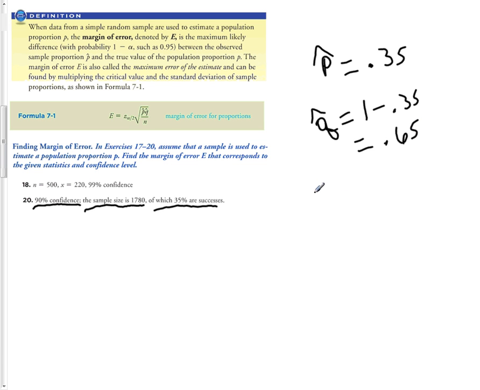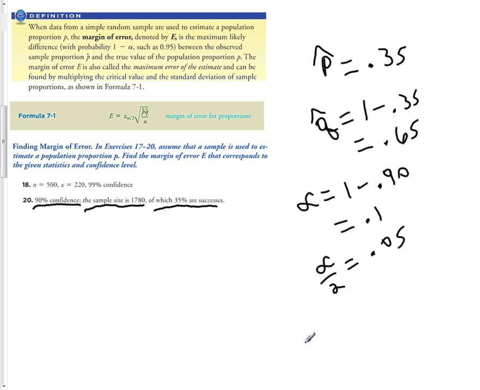I know alpha is 1 minus my confidence level. So alpha is 1 minus 0.90, which is 0.1. And alpha over 2 is then equal to 0.05.